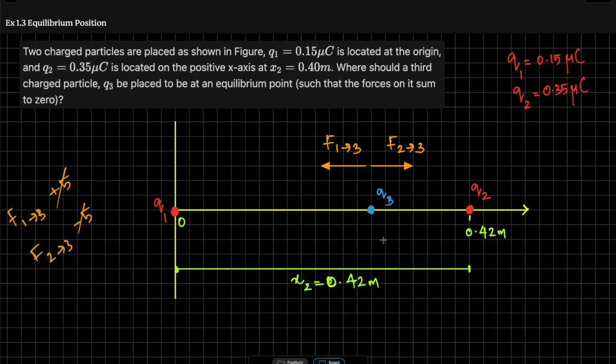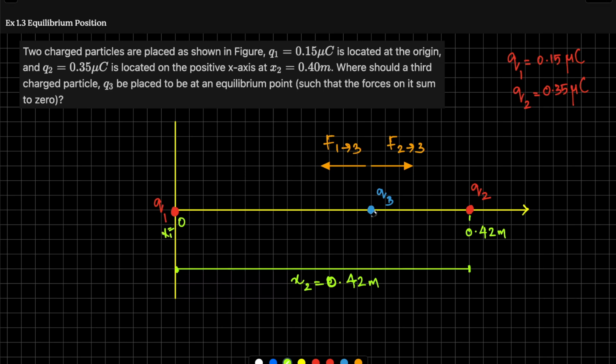How to find this position of Q3? I'm going to delete all these things. Okay, let's find this position. So this is x2. This origin is x1. x1 is 0.